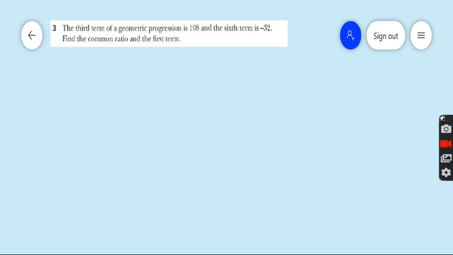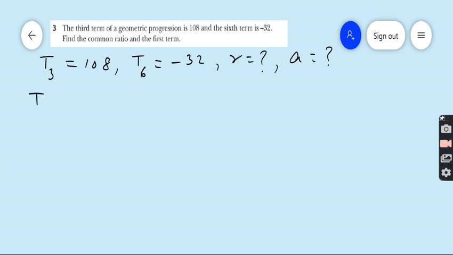Question number 3: the third term of a geometric progression is 108, T3 = 108, and the sixth term is minus 32. Find the common ratio r and the first term a. Now we use the formula again, Tn = a r^(n-1).